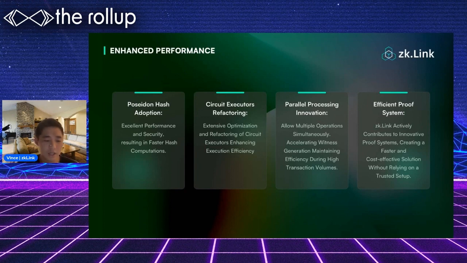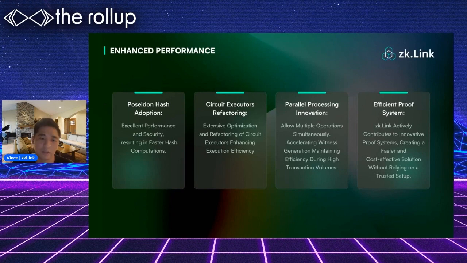Because we are an application-specific layer 3 platform, the approach we're taking is that we write the circuits for each of the opcodes needed for the use cases that we aim to support. So we are spending a lot of time and effort on the optimization of these application-specific zero-knowledge circuits. And the third point of our optimization is the parallel processing innovation.